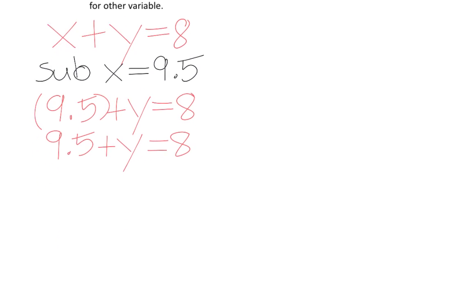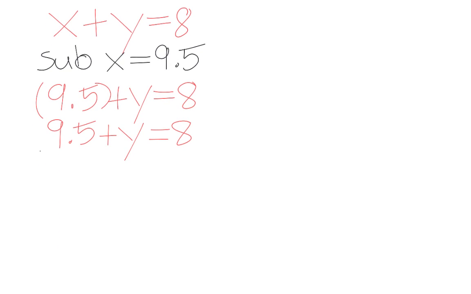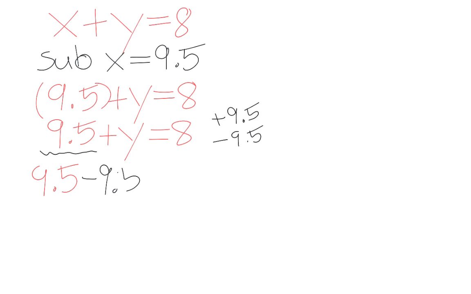Now we want to isolate y, but y is stuck with this 9.5. So what is the opposite of positive 9.5? Well, the opposite is negative 9.5. Therefore, I'm going to subtract that from both sides of the equation. Everything else stays the same. So I have 9.5 subtract 9.5.